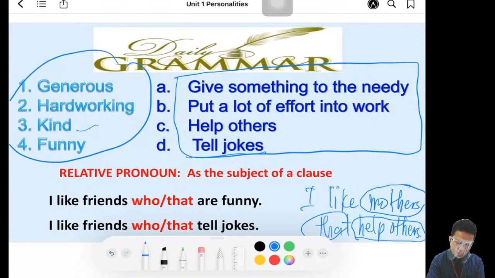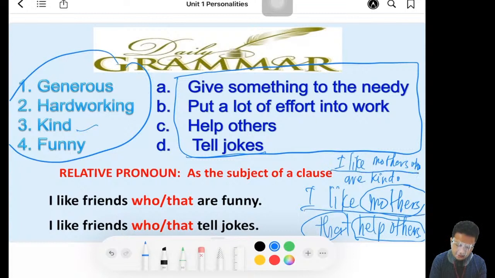Or you can also say, I like mothers who are kind. Notice, we have the same structure. I like mothers who or that. The only difference is that we use the vocabulary word in sentence 1 and we use the meaning in sentence 2, the meaning of kind. Same with this structure.